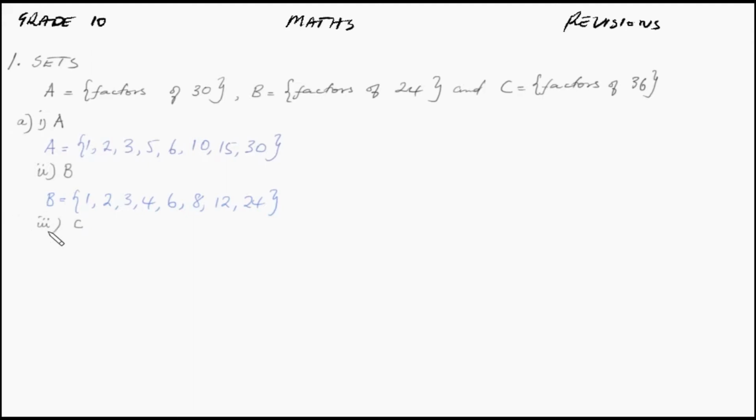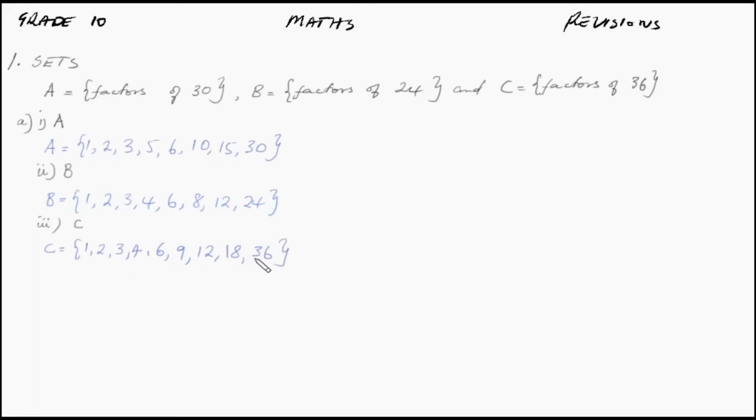Okay, set C is the set of factors of 36: 1, 2, 3, 4, 6, 9, 12, 18, then 36.